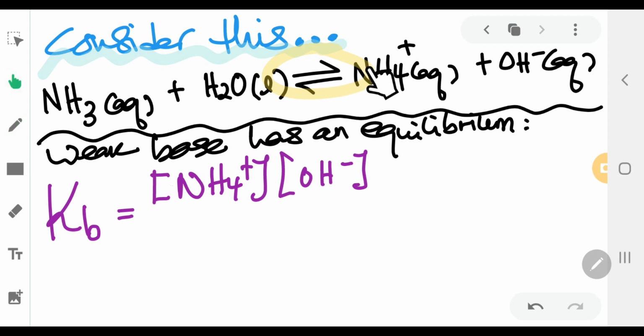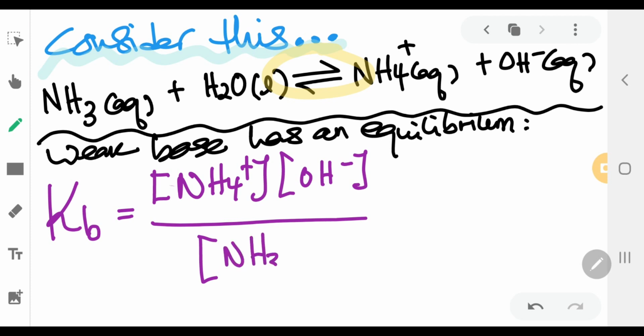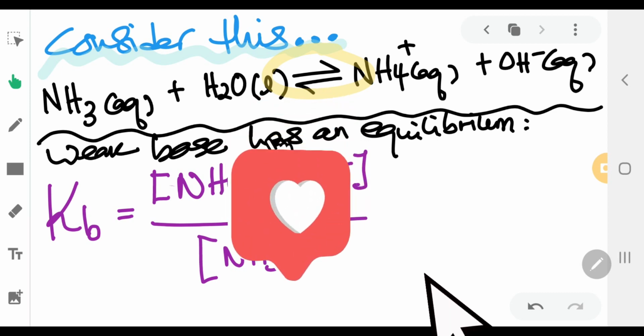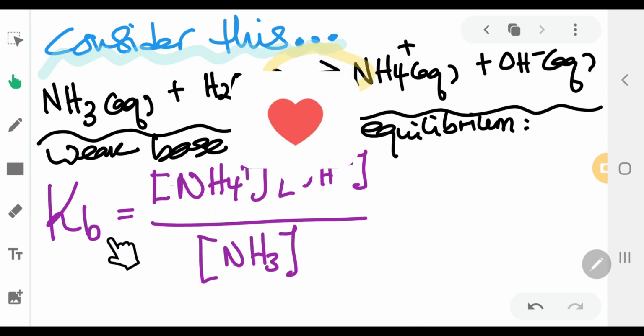Both of them are 1 mole and 1 mole. Divide by concentration of NH3 aqueous. We're not going to be including H2O liquid here because liquid is constant, therefore it will not be part of your base dissociation constant Kb.